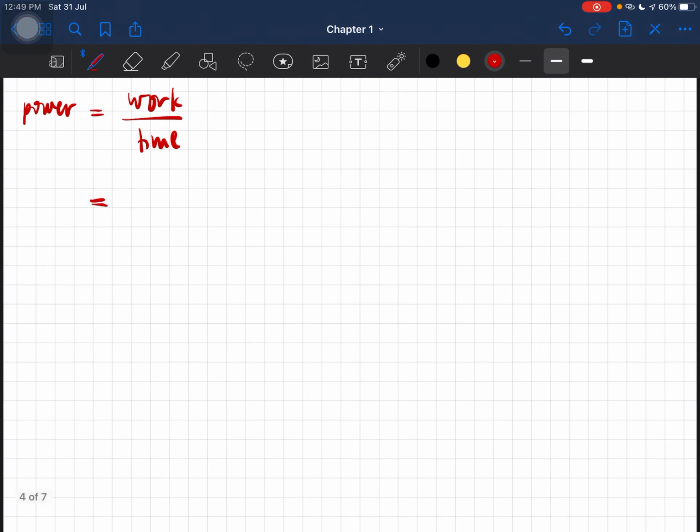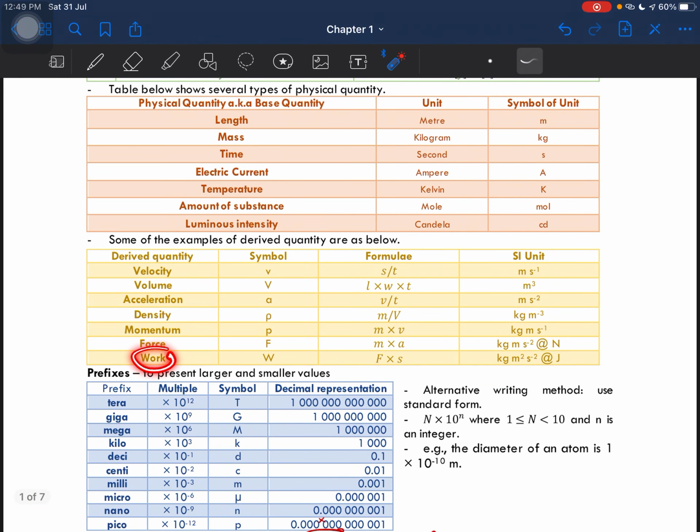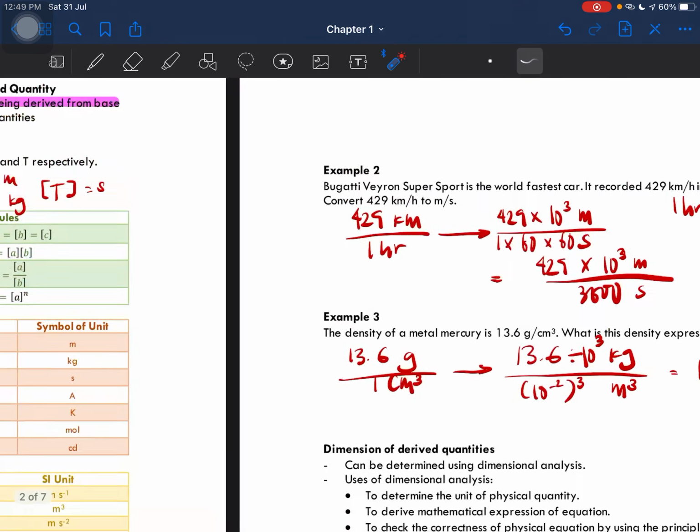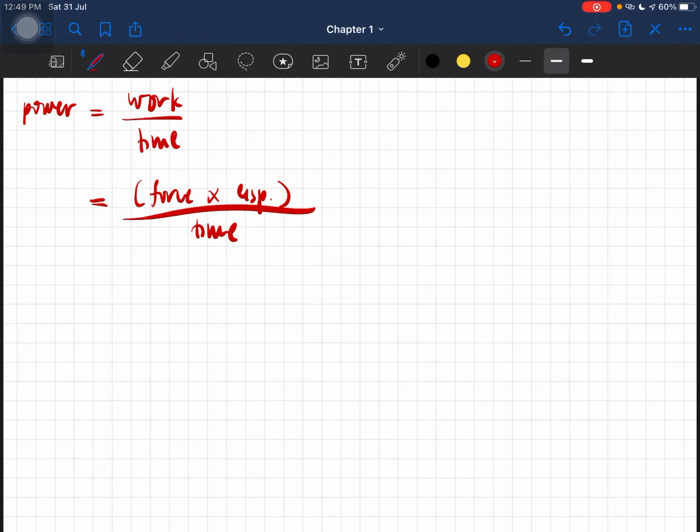So work is equal to, this is in the table, work's formula is force times the distance, or rather not distance, displacement. Okay, so work is equal to force times the displacement, over the time.